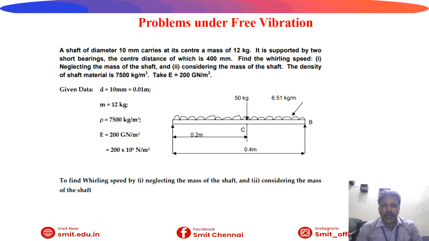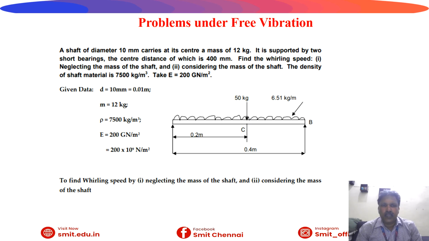A shaft of diameter 10 millimeter carries at its center a mass of 12 kg. It is supported by two short bearings, the center distance of which is 400 millimeter. Find the whirling speed. Some conditions are given.